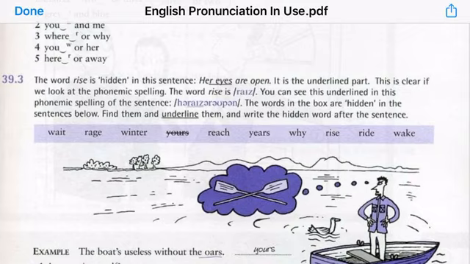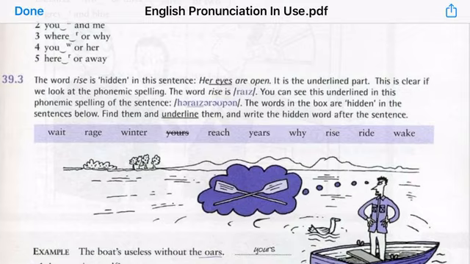Her eyes, because the r sound from her will be moved to the word eyes, and it sounds like rise. It is in the underlined part. The underline includes the r from her, which moves to the word eyes. So it sounds as if we have the word rise.